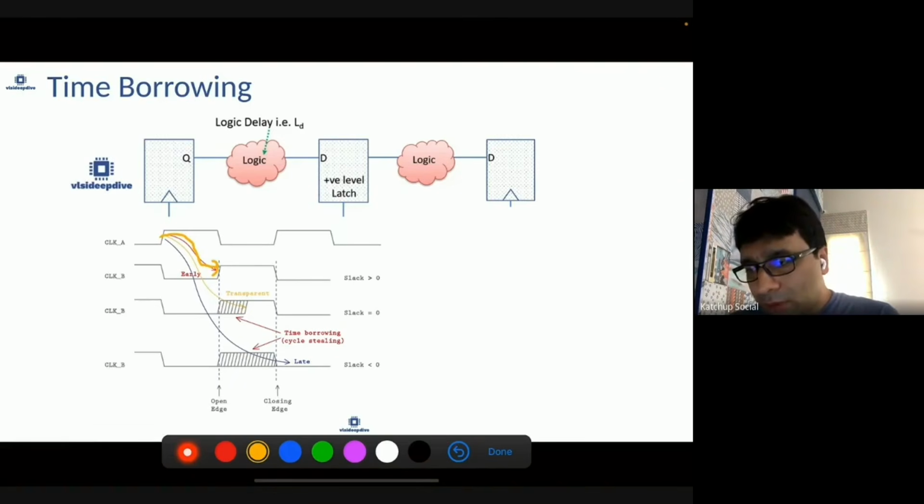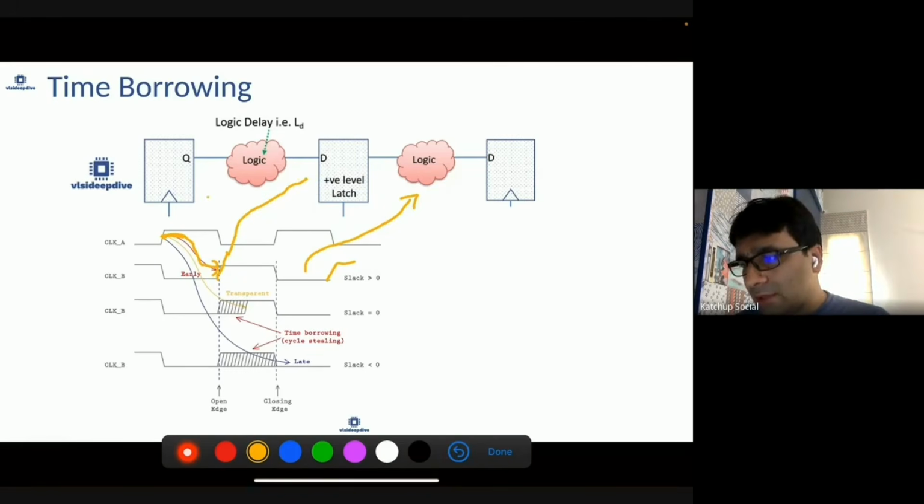The latch will open and capture the data at the clock edge, and the next cycle of the clock will be used for the next logic. So the data will be captured here, and then the next full cycle will be used for the next flop.